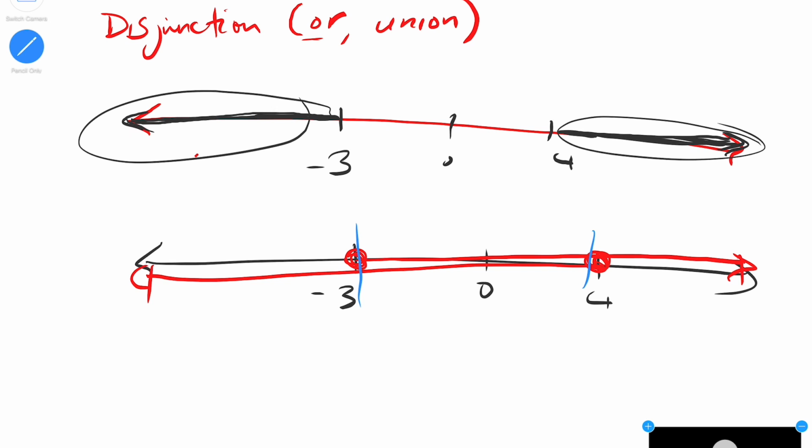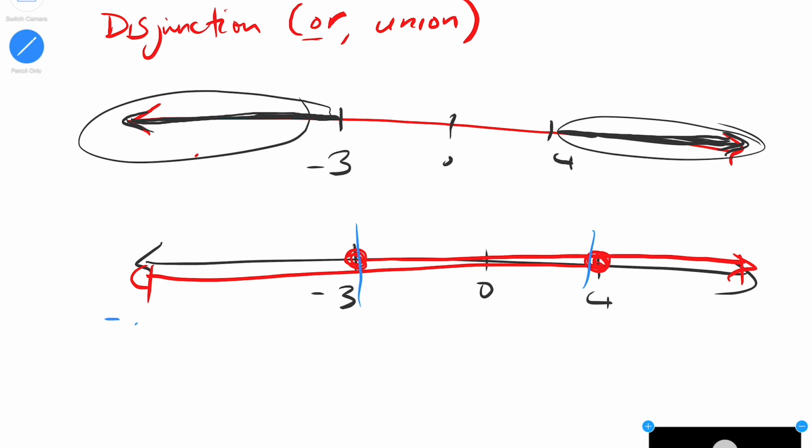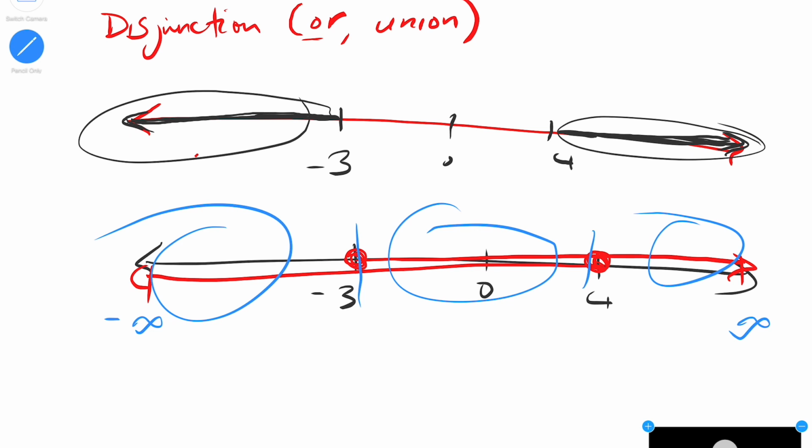Disjunction is the answer can be anywhere as long as you shade it in. So if you have something like this, the answer is all real numbers. Okay, so everything on this graph is shaded in. All right, okay. It could be over here, it could be over here, over here, negative infinity, positive infinity.